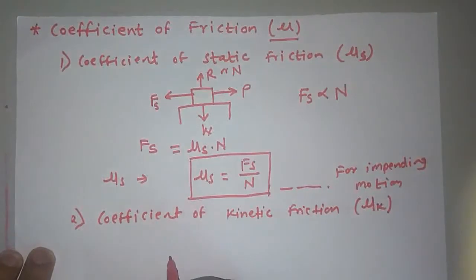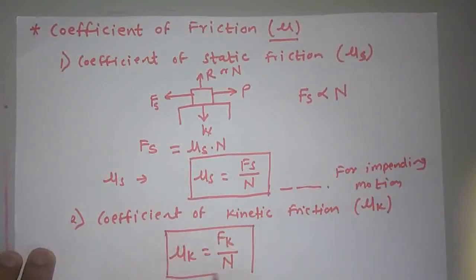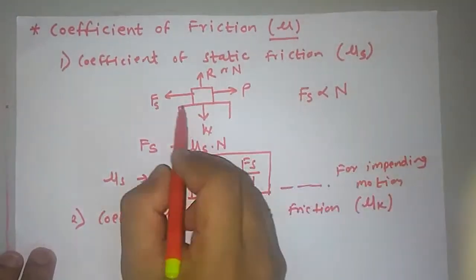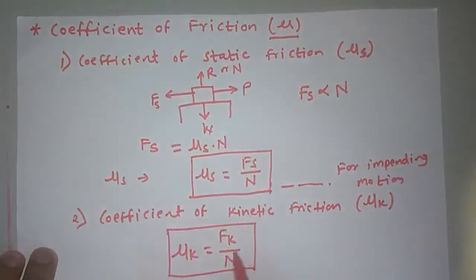Similarly, we can write mu k is equal to Fk divided by N. Here mu k is the coefficient of kinetic friction, and Fk is the kinetic friction. When the body starts to move, whatever friction is there, that friction is known as kinetic friction, divided by the N.